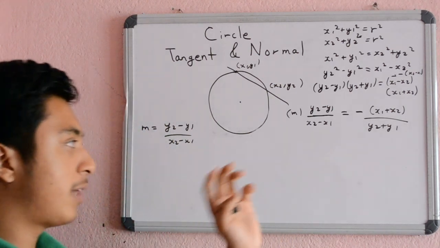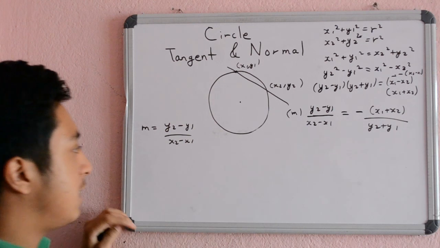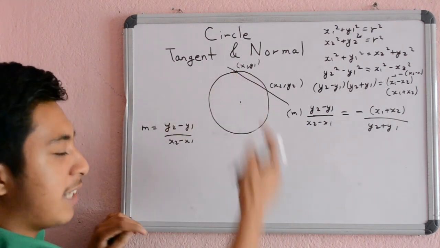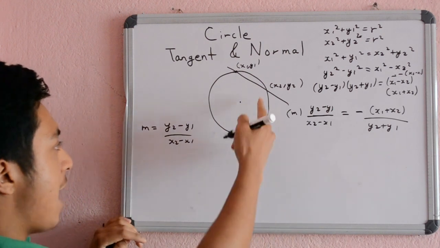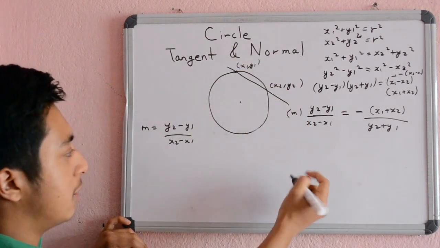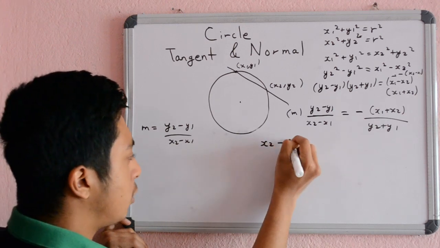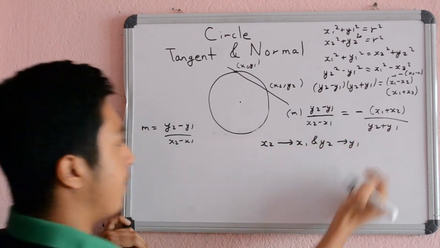However, you can make it easier for yourself by seeing that when these 2 points are very close to each other, they become the tangent of the line. And when that happens, this point will be the same as that point, meaning x2 approaches x1 and y2 also approaches y1.